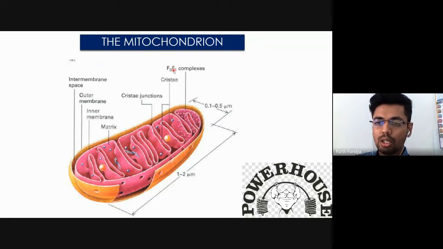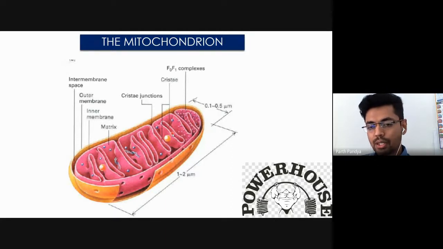They are called the cristae, and these cristae are attached to the inner membrane with the help of cristae junctions. The cristae also have the complexes which we call F1, F0 ATPase, which function in the production of ATP.